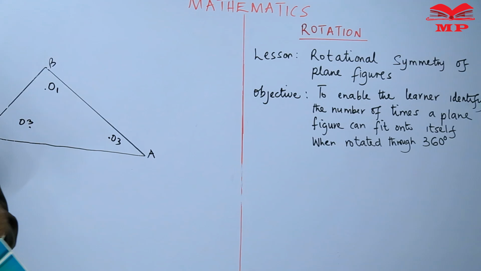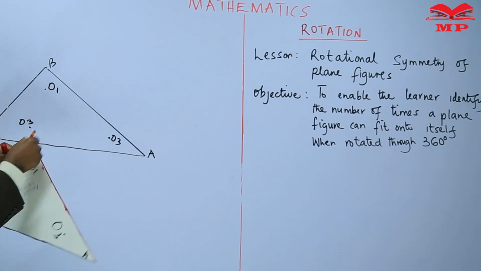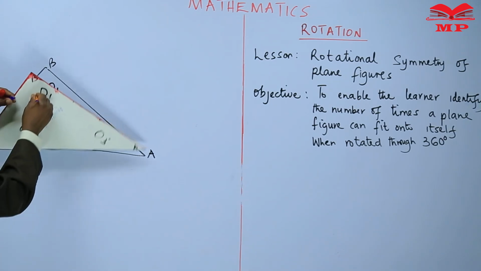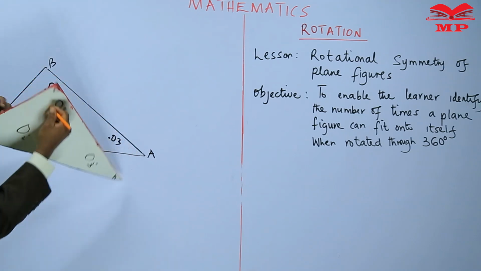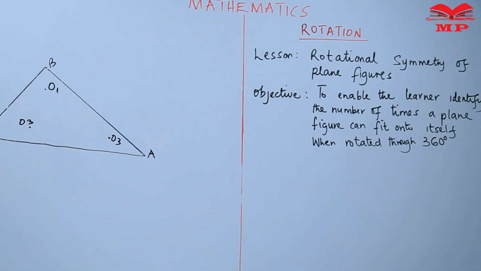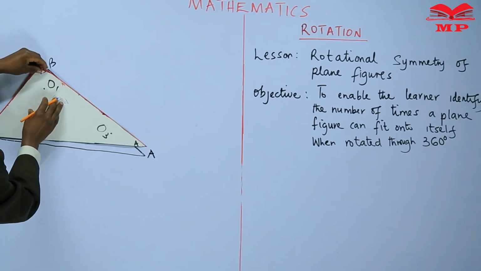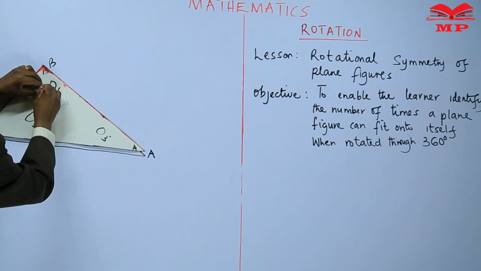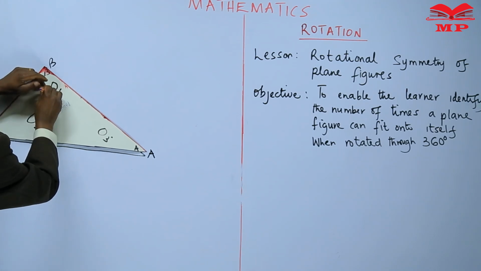I can use a stiff pen and create my rotational pivot there. Look carefully, what will happen? I'll rotate, and you'll see how many times it will fit.